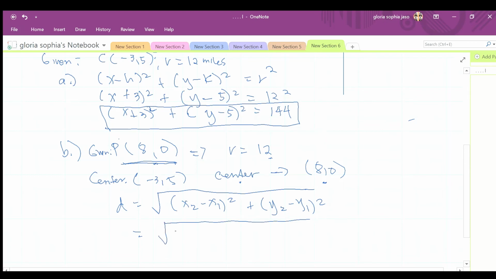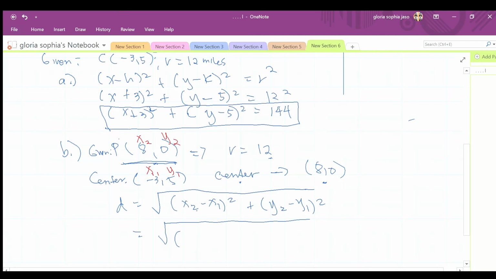And substituting the given points. They can be interchanged, class. In this case, I will make the center x sub 1, y sub 1, and point P x sub 2, y sub 2. Don't be confused, you will get the same answer. Try it if what the teacher says is right.